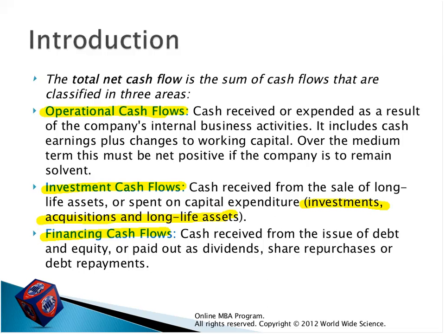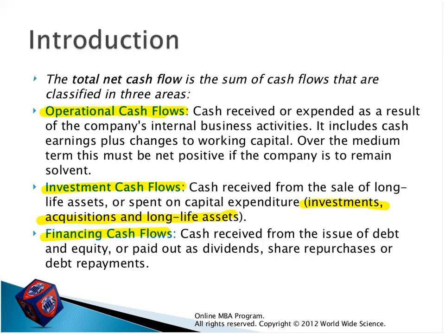For example, if we contribute our money to a new project or to buy new equipment, and in the future we get some earnings or profit from these assets or investments, this cash flow of the profits comes under the investment cash flows part.